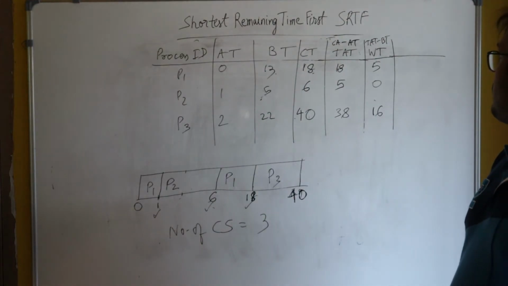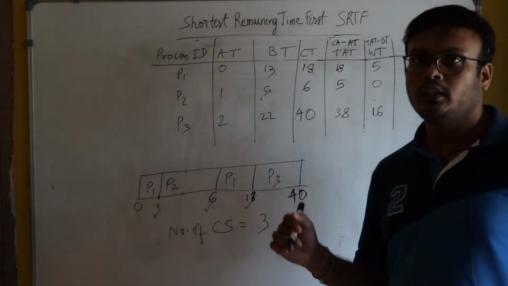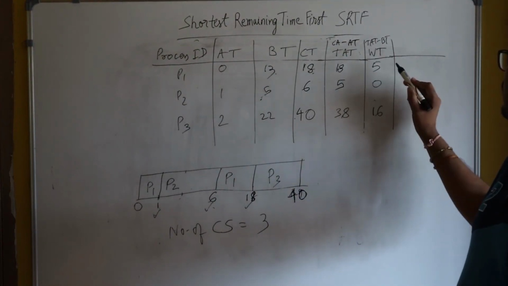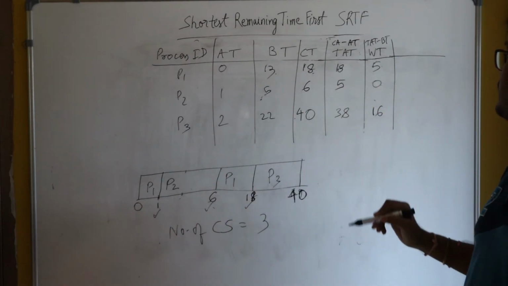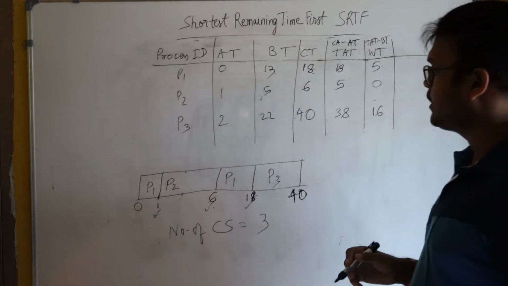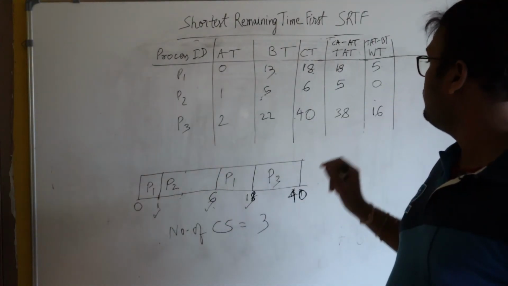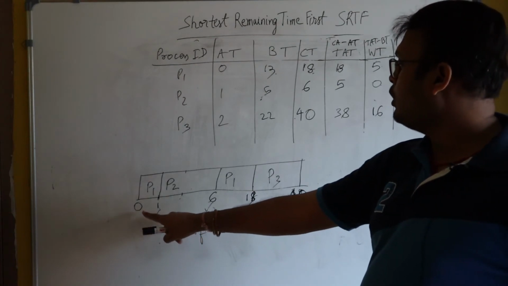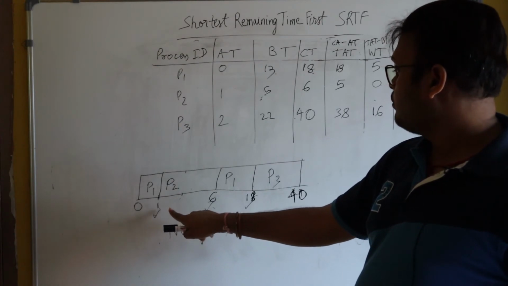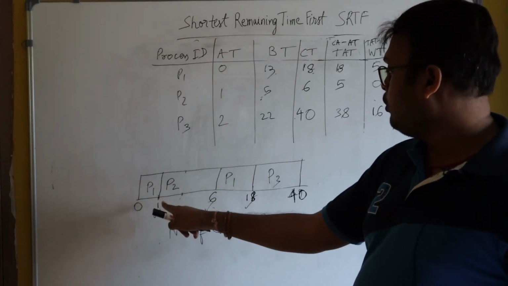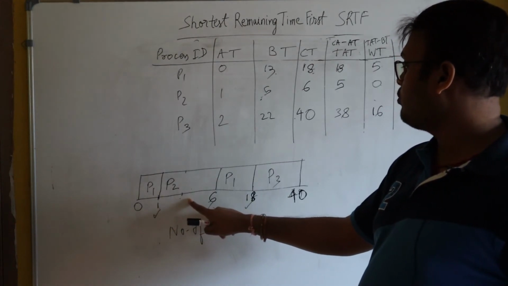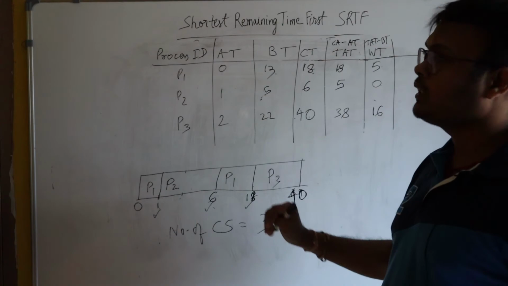So let's use our intuition and see how the waiting times are 5, 0, and 16. Here we have calculated it mathematically, but let's understand how it's 5 seconds. The waiting time of P1 is 5 seconds because although P1 immediately got the CPU, it had to wait for 5 seconds in the ready queue to again get the CPU.